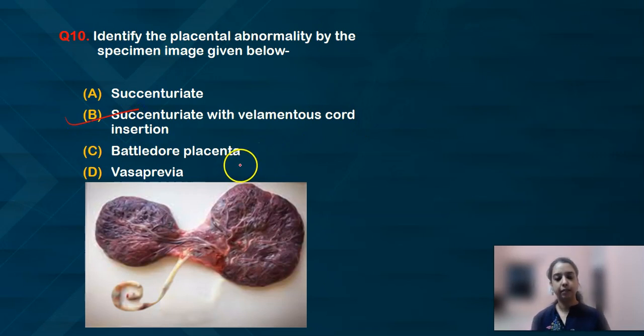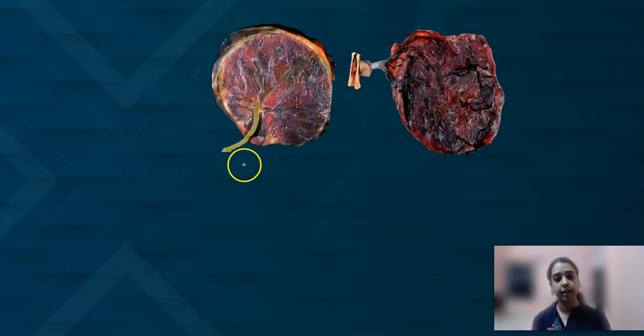So let's quickly revise the placental abnormalities which could be there. This is a filamentous cord insertion. When your cord is attached on the placental membranes instead of on the placental mass, it is filamentous cord insertion. The cord is never attached exactly at the center; it is always paracentric.